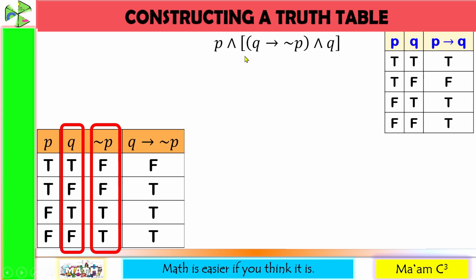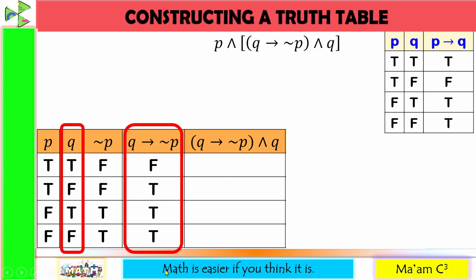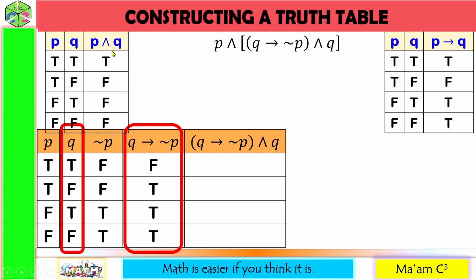This time, we're going to add another column for this portion from here up to here. So we're going to add a column for Q implies not P and Q. This time, we no longer need not P, so we're not going to choose this column, but we are going to choose the column Q implies not P. That is the last column that we answered. So now we have here conjunction. So let us recall the truth table for conjunction. It is only true when both P and Q are true.